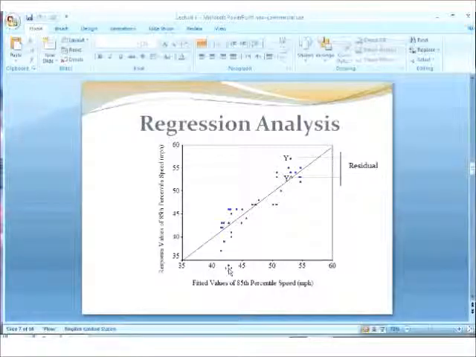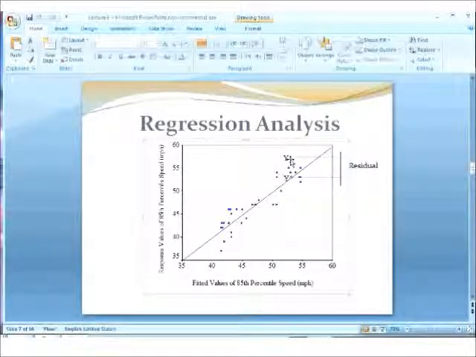So all these dots, let's say this blue dot is the actual value of y, the actual value of the dependent variable. This black diagonal line, I got it from my regression model.